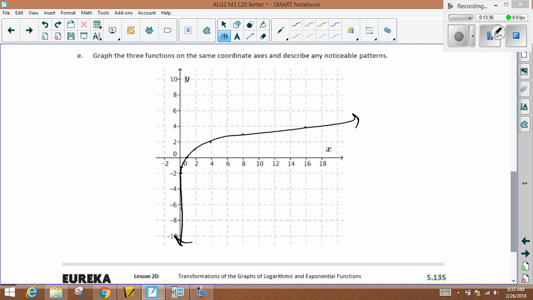It looks like that. We've graphed this a couple times now. We graphed it in lesson 17. We've graphed it just recently. So it should get to be kind of second nature. But now let's graph the next one.